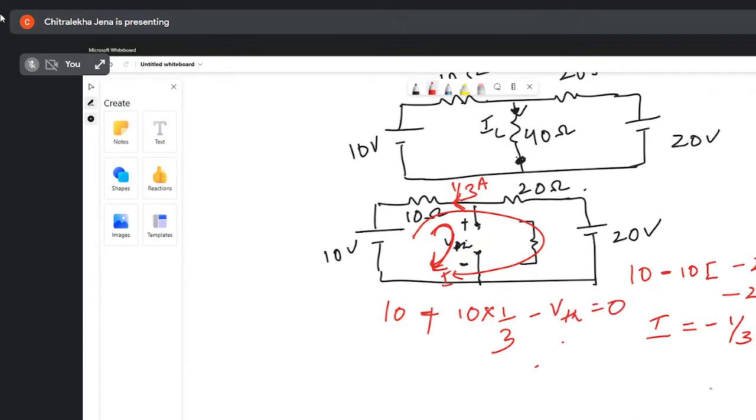What is the value of VTH? Find out. 40 upon 3. Very good, positive 40 upon 3.